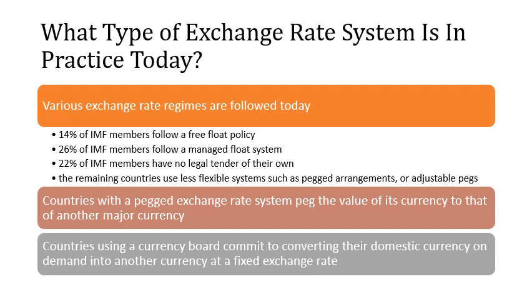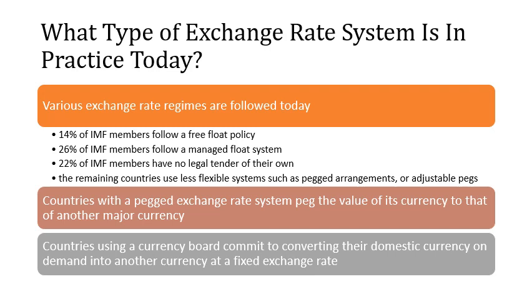Since 1973, the member countries of the IMF decided to move out of the fixed exchange rate system to the floating exchange rate system. Various exchange rate regimes are in practice these days.